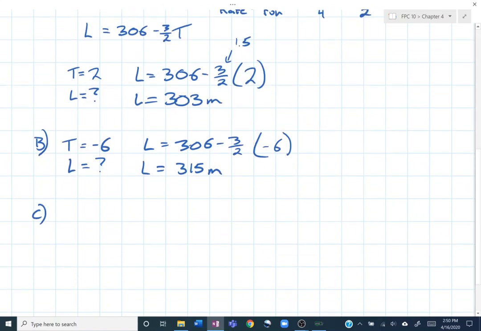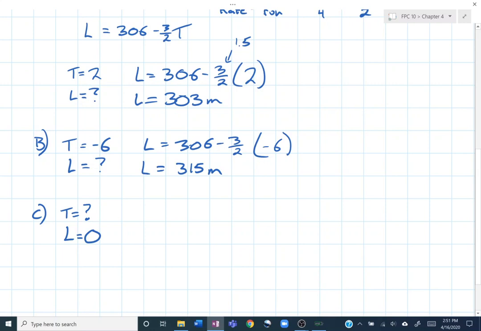So C is going to be a little bit trickier than those previous two. C is asking, when is the Dead Sea going to be dry? So our time is what we're looking for because we're looking for a when. And our level, well, when it's dry, it's going to be down to 0.